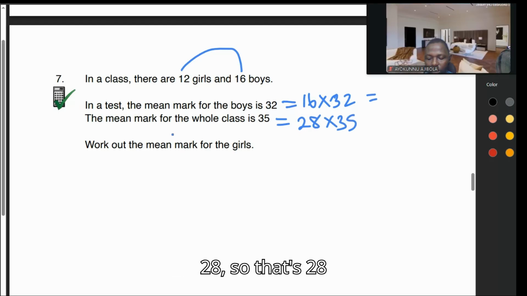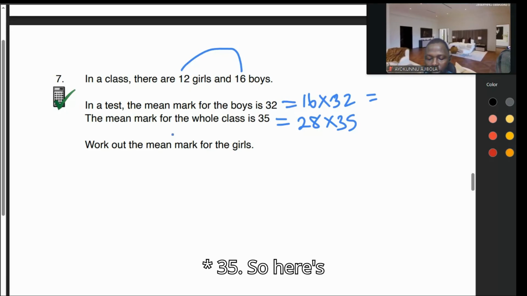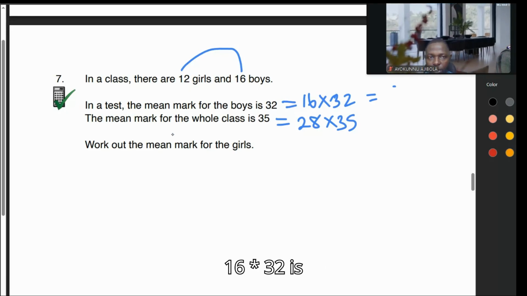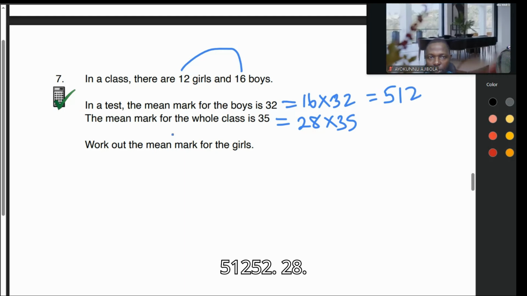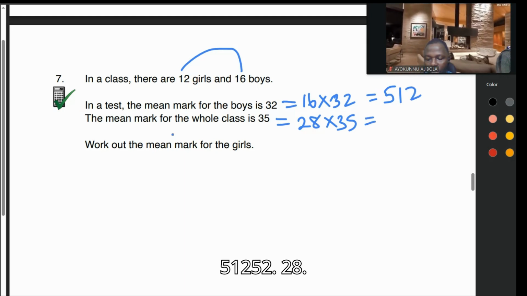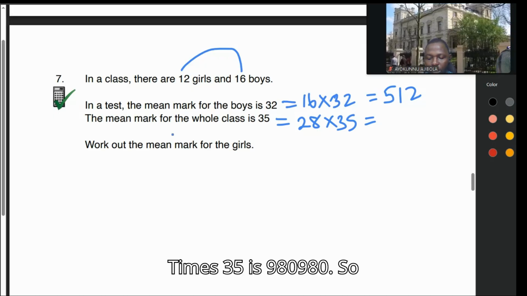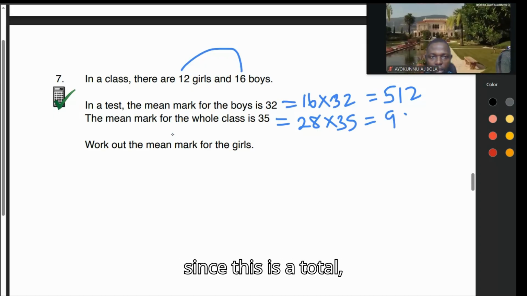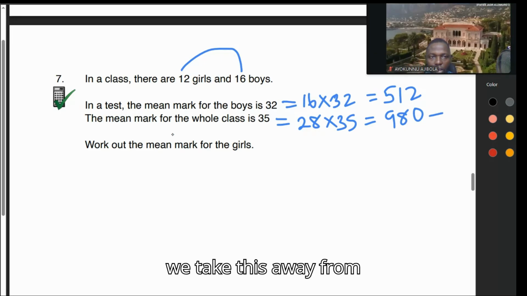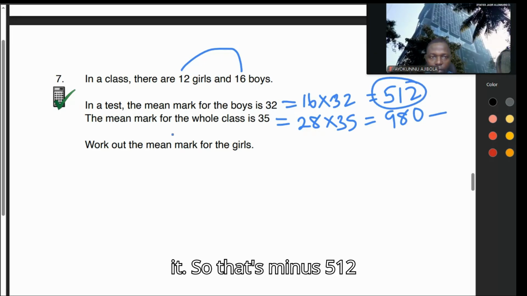So 16 times 32 is 512. 28 times 35 is 980. Since this is a total, we take 512 away from it.